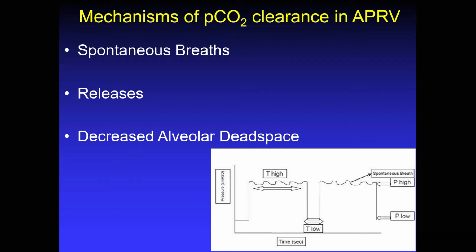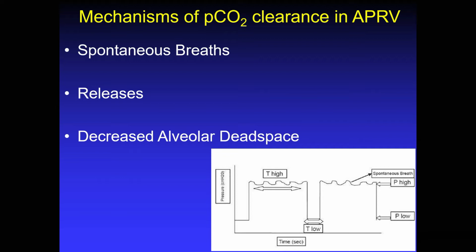These releases can be increased by decreasing the T high, which results in more releases per minute, and/or increasing the T low, which increases the length of releases and therefore the amount of bulk ventilation and the bulk amount of CO2 blown off. The third mechanism, a little bit less intuitive, and that is what we just touched upon, decreased alveolar dead space.